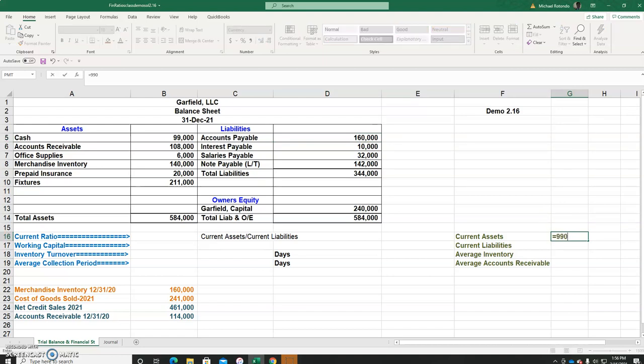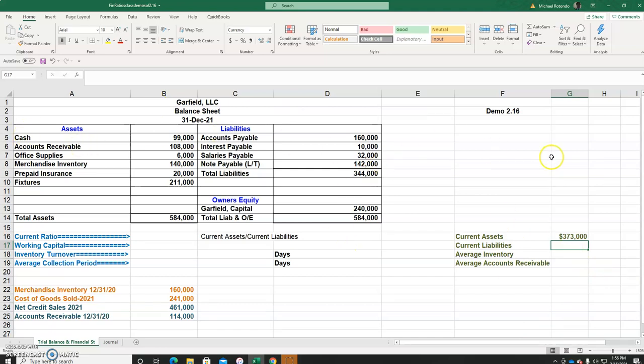We have 99,000 plus 108, plus 6,000 for the supplies, plus 140,000 for the merchandise inventory, plus 20,000 for the prepaid insurance. So that gives us 373,000 in current assets.